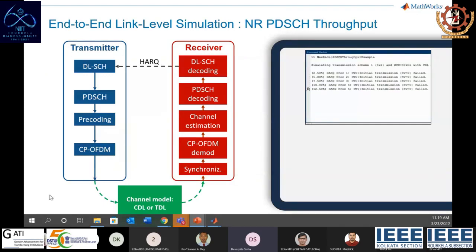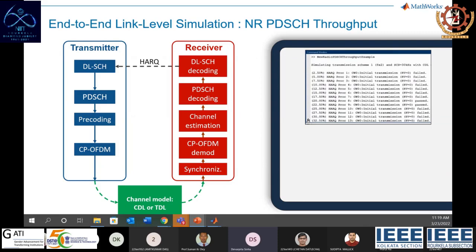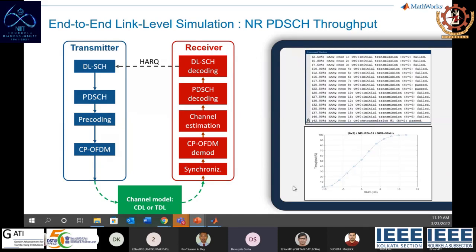If you want to test your channel model, to see what the effect of your channel is going to be, you have to design an end-to-end link-level simulation. For this you start from the transmitter side at the downlink shared channel, then map it to the physical downlink shared channel, do some precoding, convert it to OFDM, and then apply some channel model.